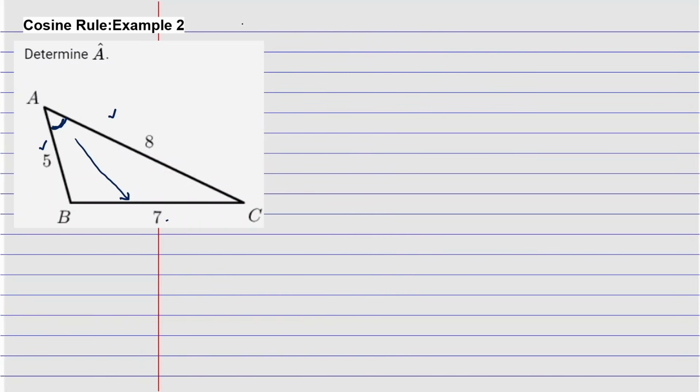I hope that makes sense. So we're going to say BC squared is equal to the two sides that are next to the angle, which are AB squared plus AC squared minus 2 times AB multiplied by AC, then cos of the angle that we want, which is A.